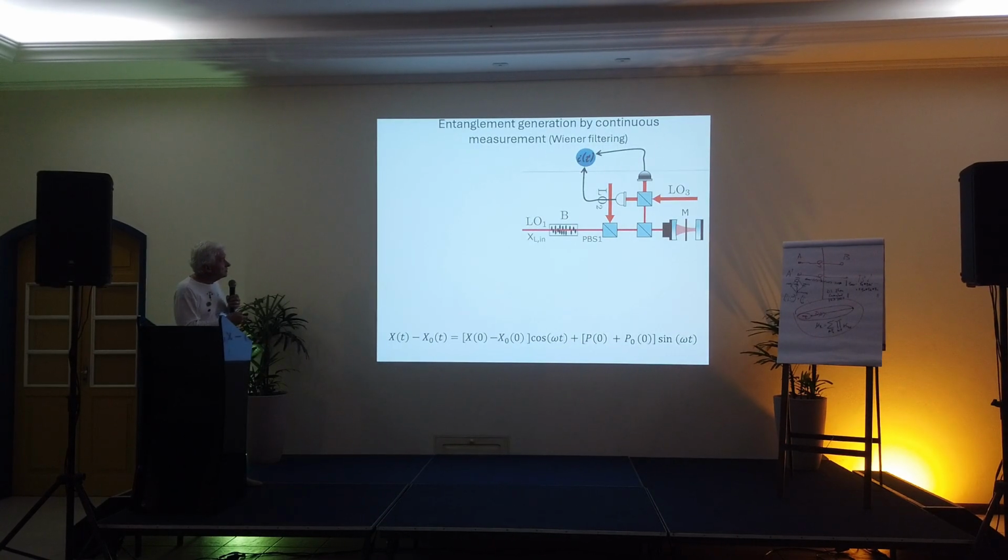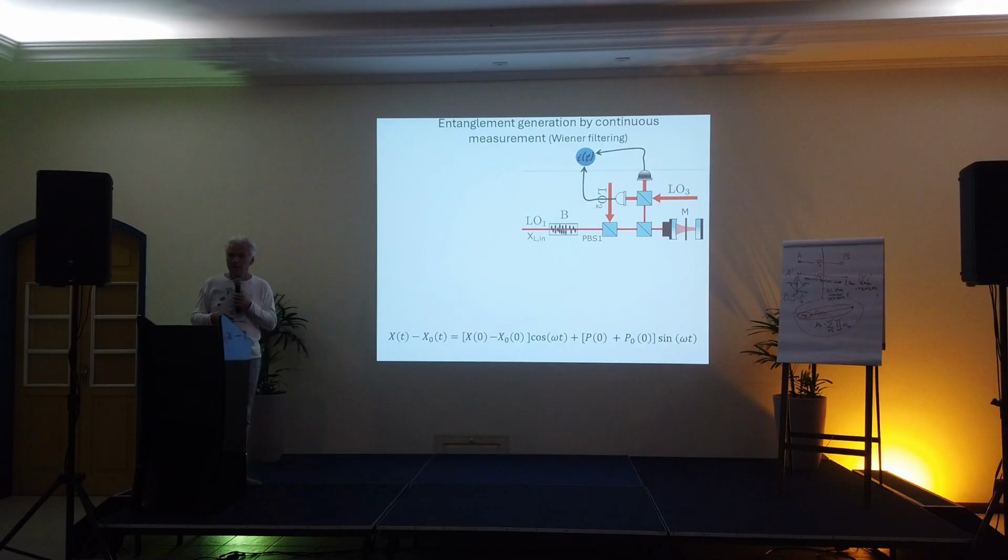Okay, so let's look at this entanglement generation. I understand the audience is dominated by theorists. How about Wiener filtering? Does it ring a bell? No. Okay. In fact, I strongly advise you to look for it in the literature.